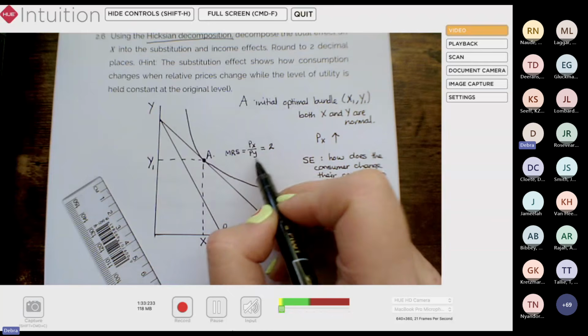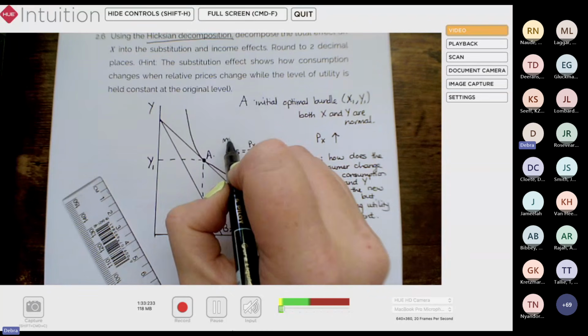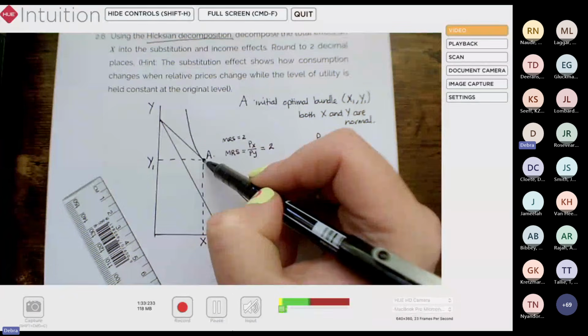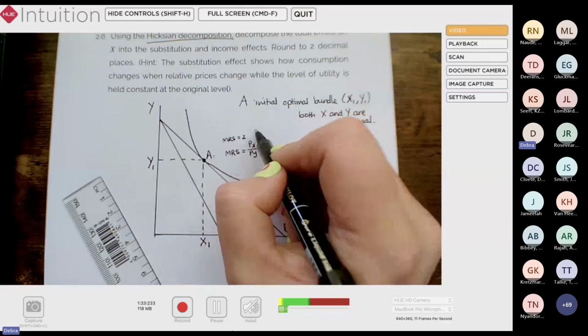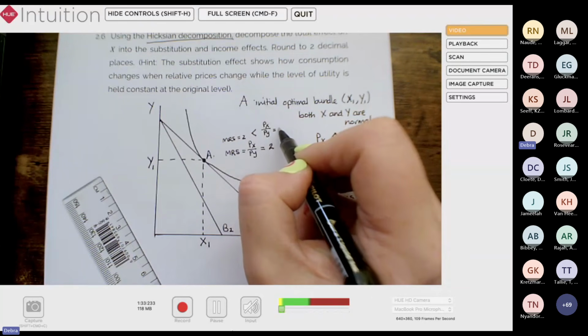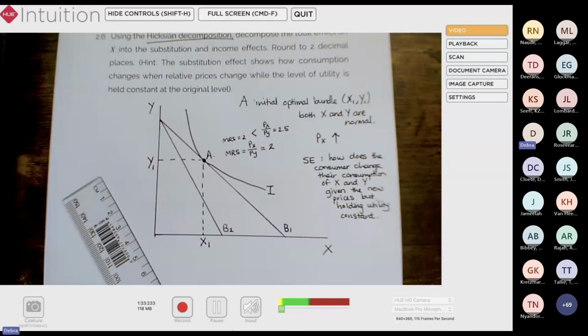Faced with the new prices here, our MRS, which is still 2 at A, because that's the slope of the indifference curve at that point A, is now smaller than the price of X over the price of Y, which is now 2.5, 5/2. So I'm just going to use the prices to help us think through this.